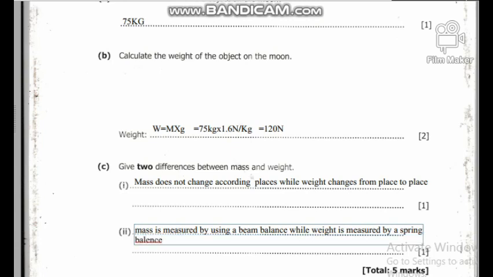We are told to give two differences, but we should not be limited in terms of the answers that we have. So you can differentiate in terms of their SI units. Mass is measured in kilograms, while weight is measured in newtons. That's also going to be a difference. So you can differentiate them based on the instrument they are measured with, based on the change in terms of place, and also in terms of their SI units.